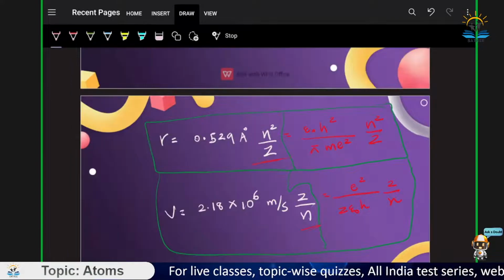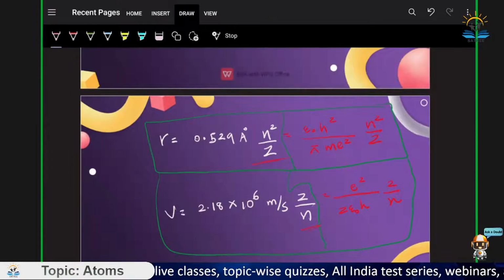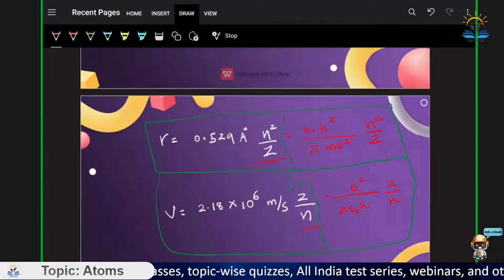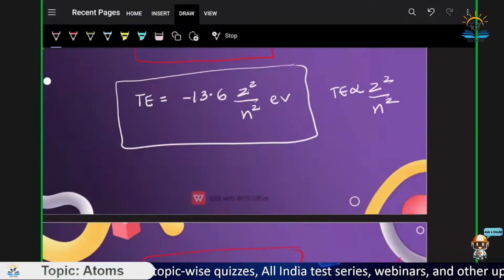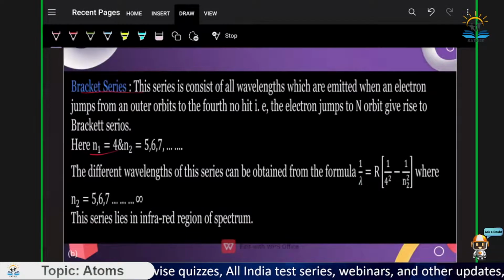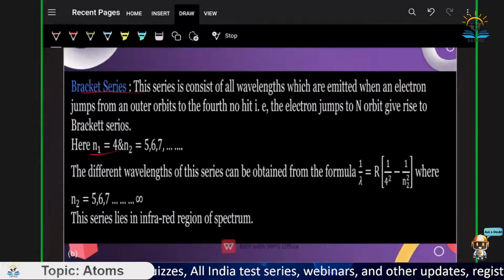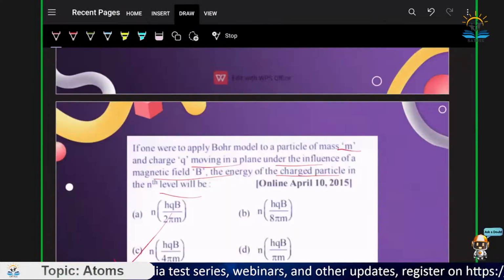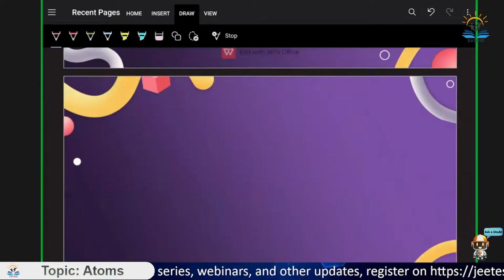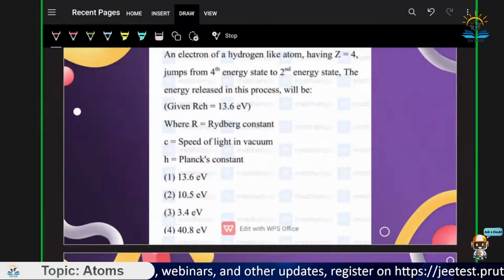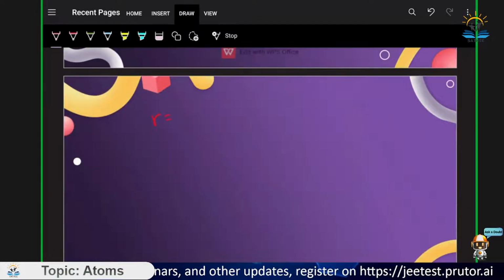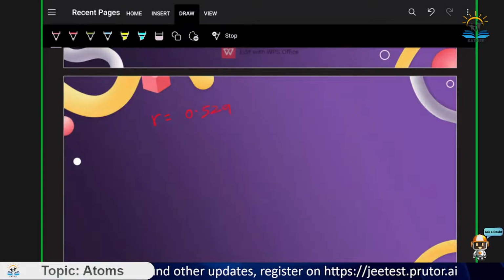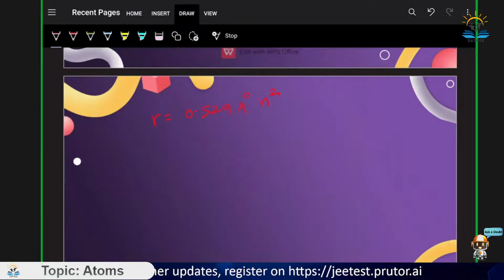This is the formula: 0.529 angstrom times n square by Z. So radius is proportional to n square by Z. So radius equals 0.529 angstrom n square by Z.